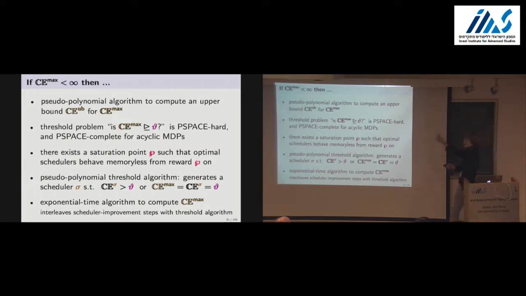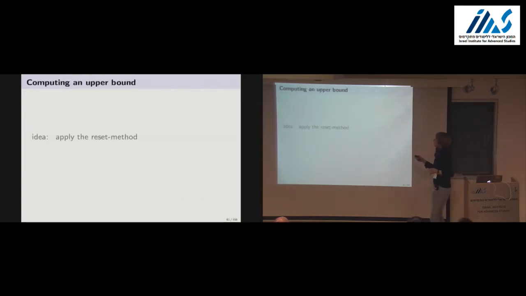Okay, so I can explain a little bit. First, computing an upper bound. When talking about conditional probabilities, I told you about this simple reset method in MDPs. Now, if the rewards are all non-negative, then one could say it's a safe over-approximation of the conditional expectations.